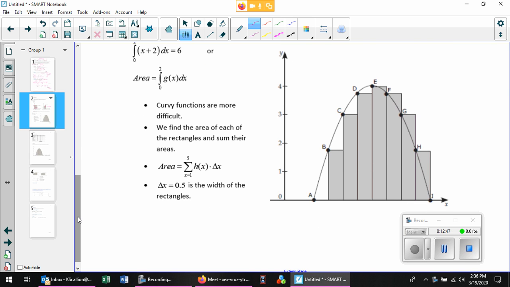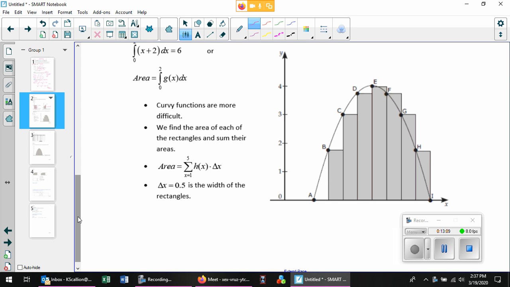So we find the area of each rectangle, and do you guys know what sigma means? To sum them, right? Like to add them all together. So this is saying that the delta x is the width of the rectangles, and you would have to calculate each height. That makes sense to everybody? Are you okay with that?